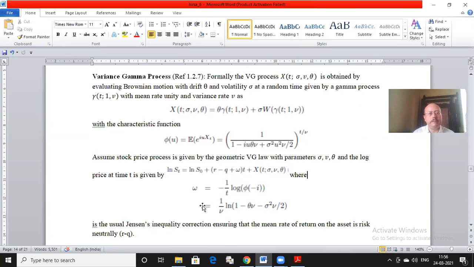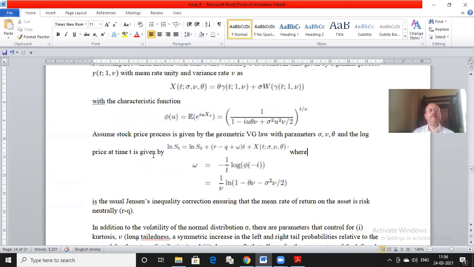The Jensen inequality correction is done through this omega. Omega is given by this expression, which again we have evaluated earlier, so that the risk neutral value of r minus q mean rate is maintained. So this was our variance gamma process.